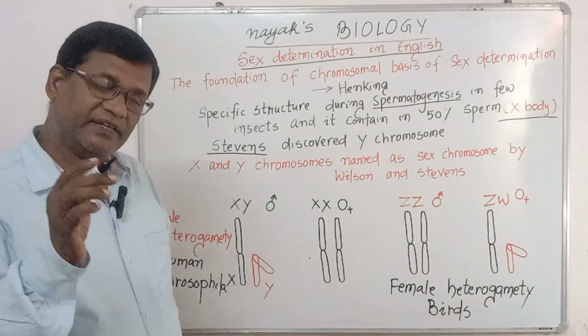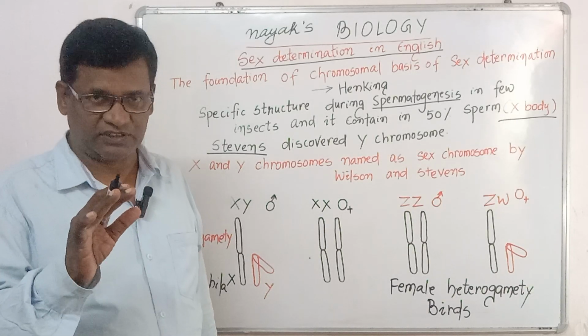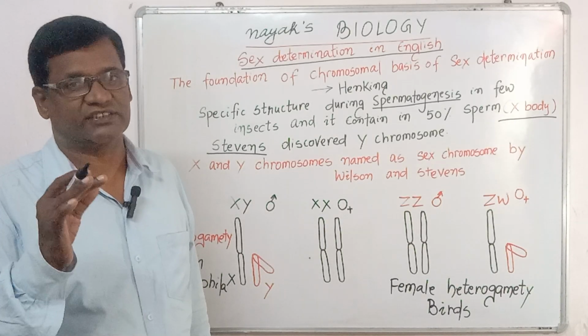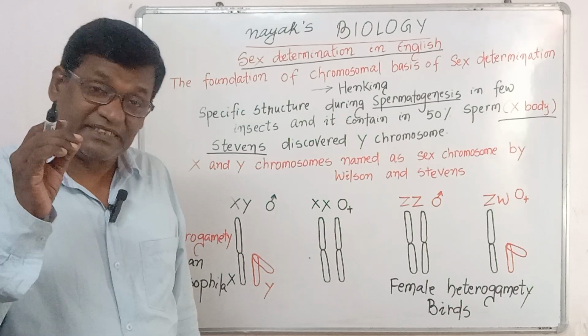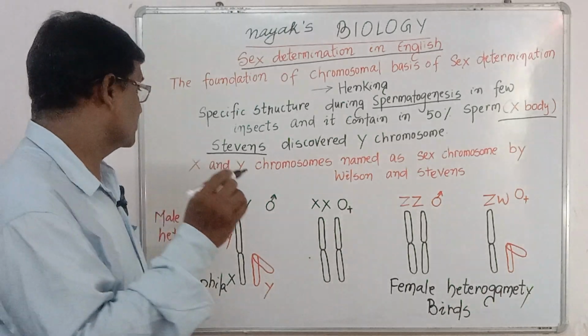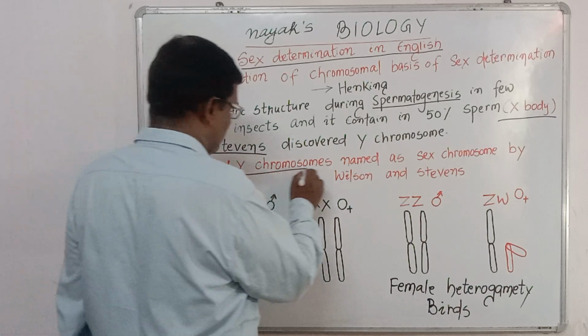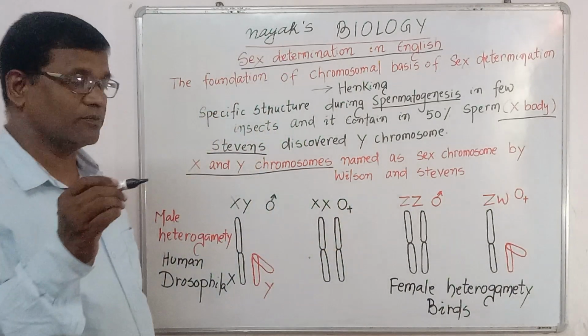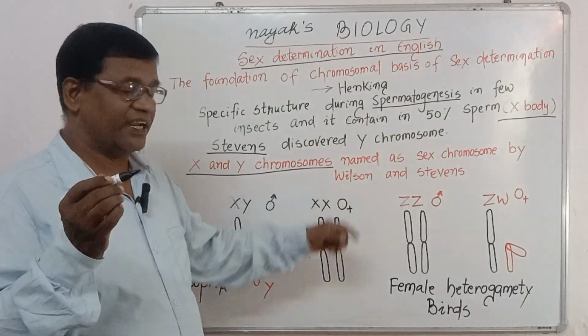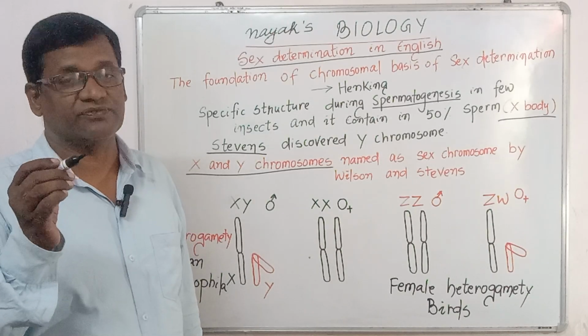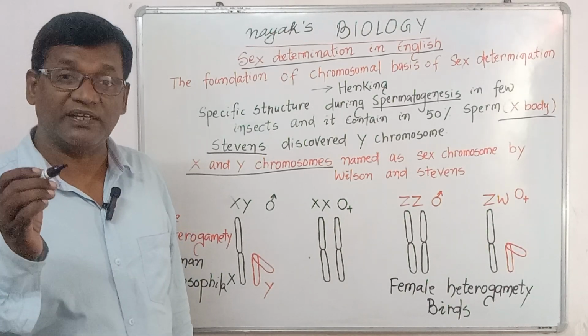So we found out that there are two chromosomes in our nucleus, the X chromosome and the Y chromosome. But X and Y were named as sex chromosomes by Wilson and Stevens. Wilson and Stevens told that this X and Y is the sex chromosome.